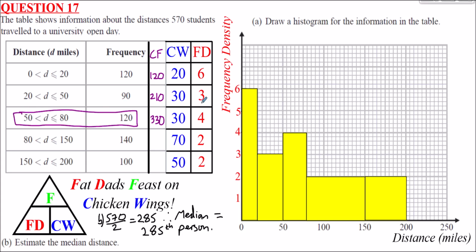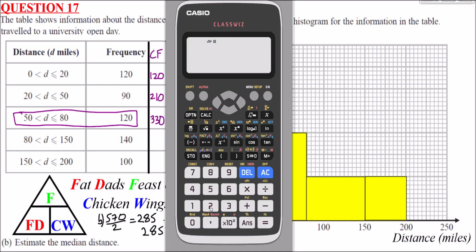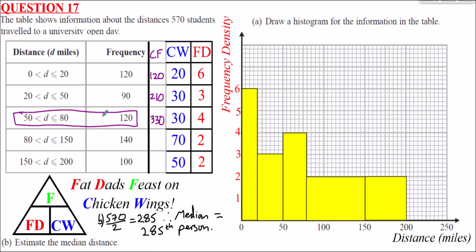Okay, so 210 is where this second bar ends. So we need to go from 210 up to 285. So to go from 210 to 285, how many extra people is this? Well, let's do 285 minus 210. That gives us 75. And so it's 75 people after the point that this interval begins.